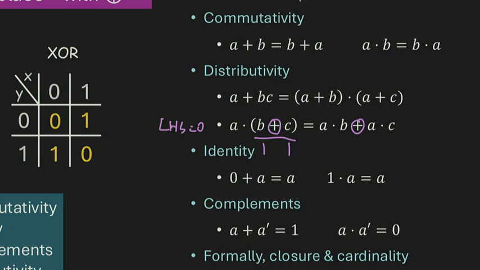So the left-hand side is 0. But you can probably find some value on the right-hand side to give you a 1 at the output. So let's say 1.1 XOR 0.1, which gives you 0 XOR 1, which gives you a 1. So the right-hand side equals 1.